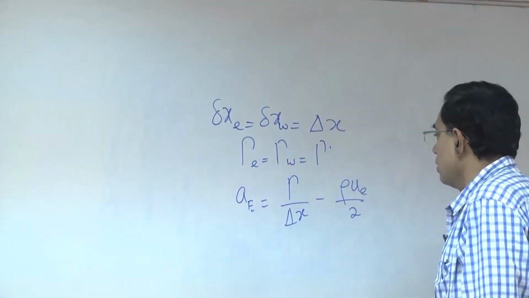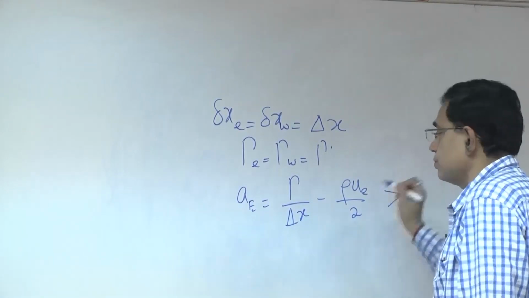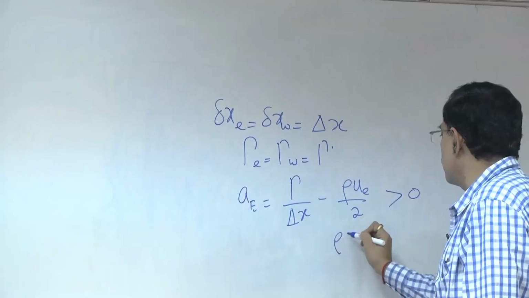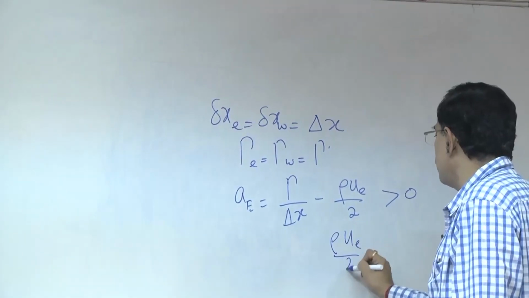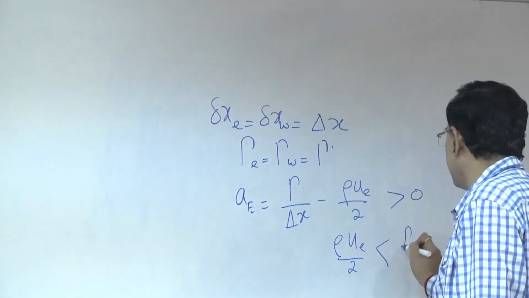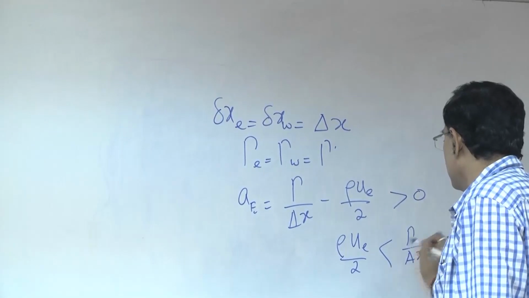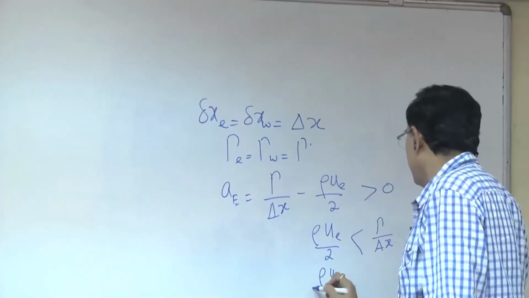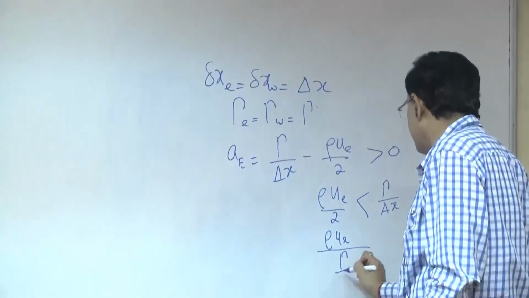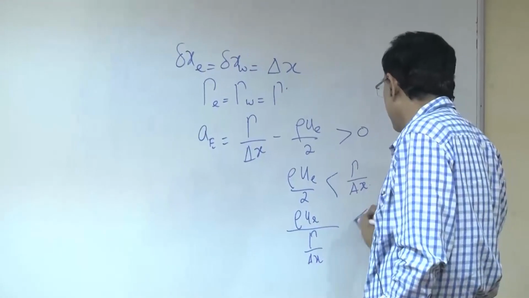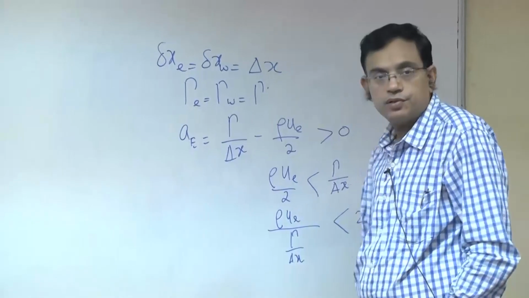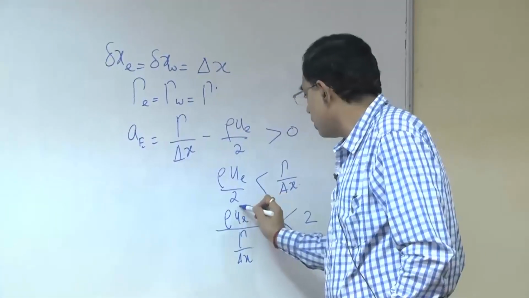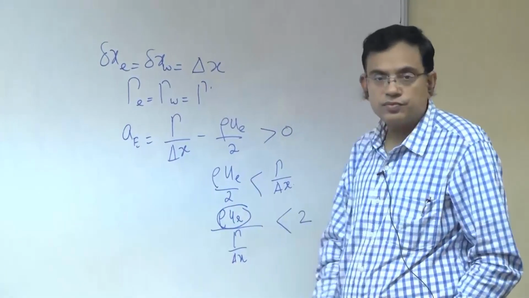Okay. So, you want it to be greater than 0. Okay. So, that means you want rho UE by 2 less than gamma by delta x. So, rho UE divided by gamma by delta x less than 2, right.